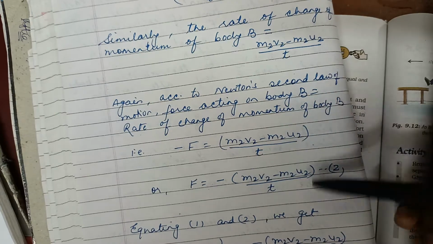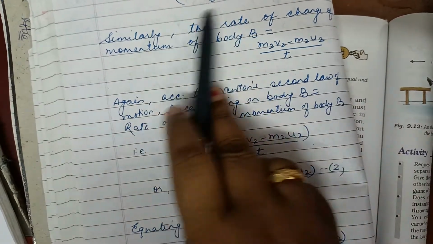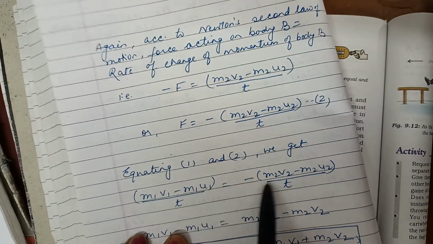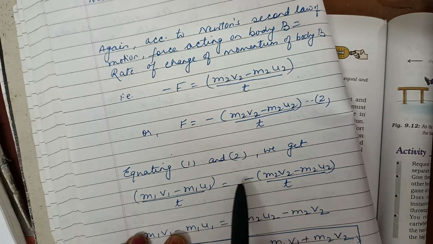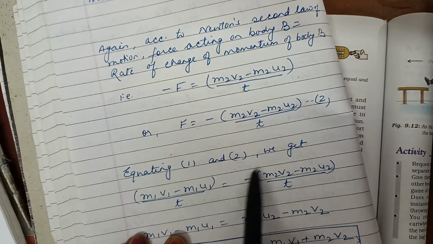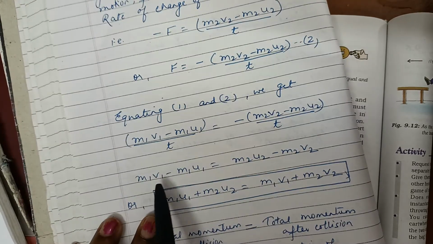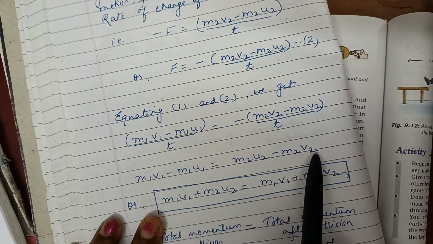Now when we equate the two equations 1 and 2, this is also F, this is also F. So when we equate, we get m1 v1 minus m1 u1 by t equals minus m2 v2 minus m2 u2 by t. The t will get cancelled. Now because there is a negative sign, there will be a change of signs inside the bracket when we open it. So it becomes m1 v1 minus m1 u1 equals m2 u2 minus m2 v2.